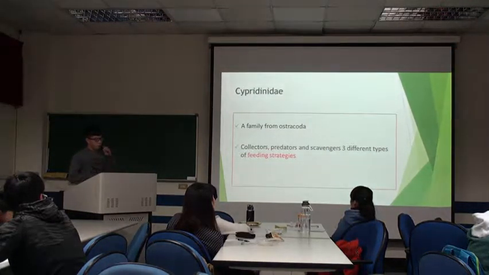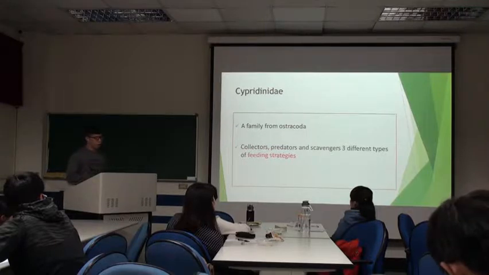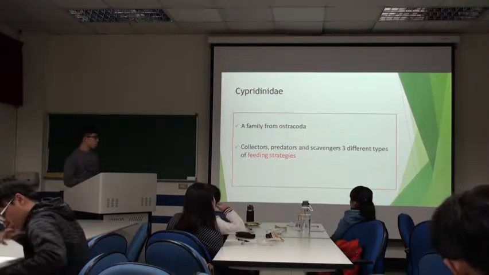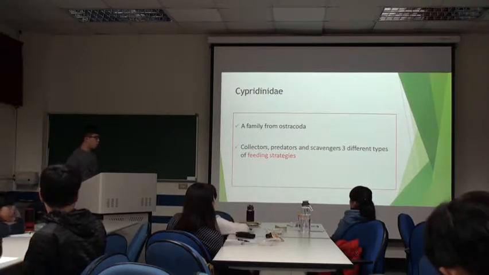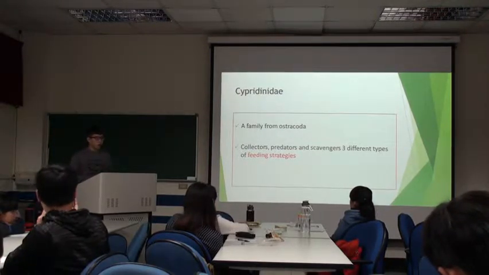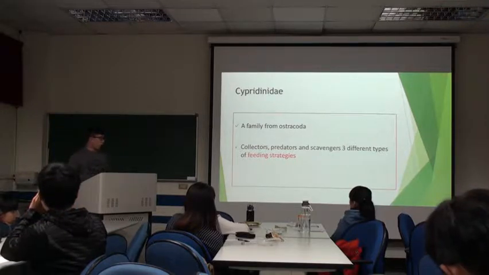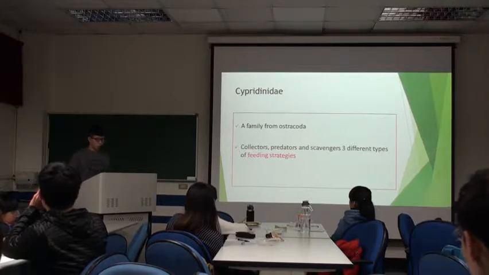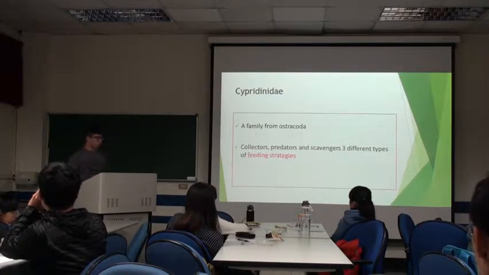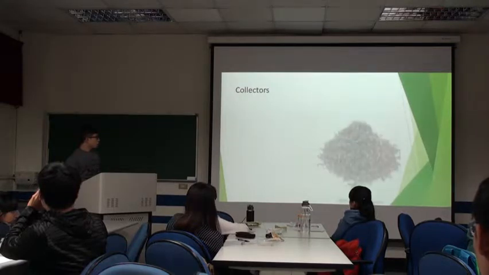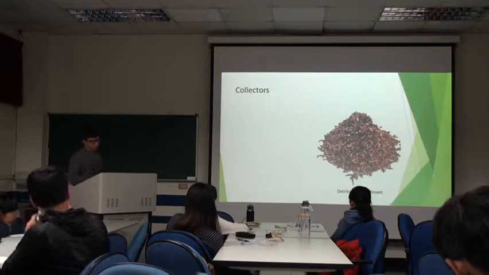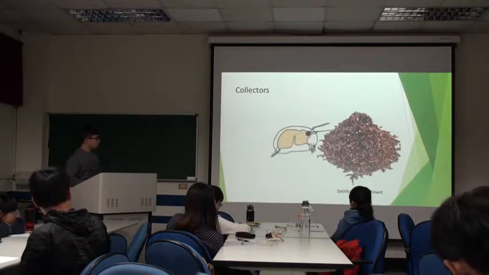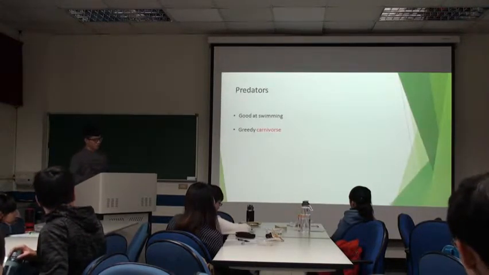And then I want to introduce Cypridinidae. Cypridinidae is a family of ostracods. The more important thing is that we need to know their feeding strategies. In general, their feeding strategies can be divided into 3 different types: collectors, predators, and scavengers. Collectors like to eat small particles of detritus from sediment. Next, predators.